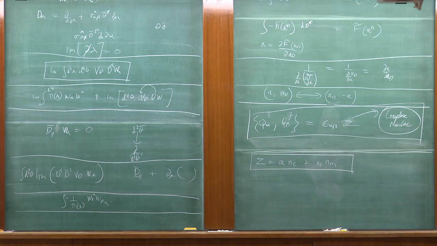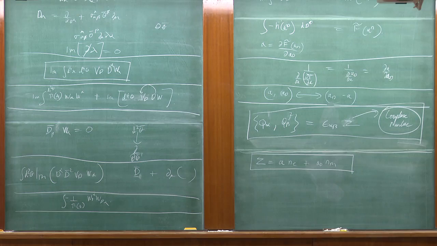In this effective U1 theory, whether this theory has or doesn't have particles electrically charged or magnetically charged, this Poisson bracket calculation doesn't tell you. But it says that if you have an excitation that has electric charge of any units of charge and magnetic charge of any units of charge, then the central charge is A times NE plus AD times NM.